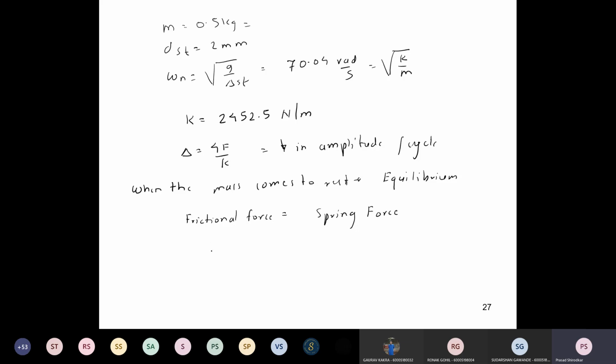Now F is equal to k into xf, where xf is the final position.